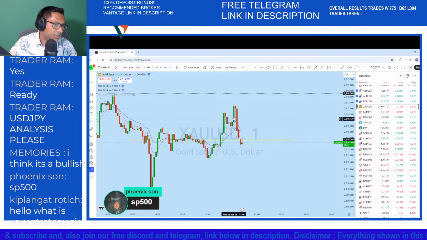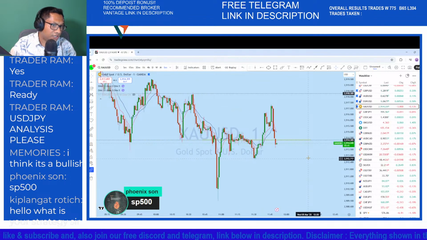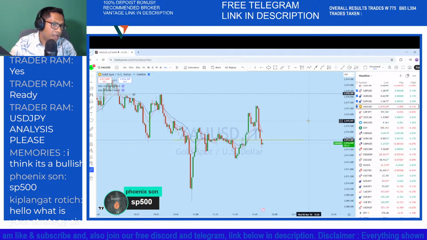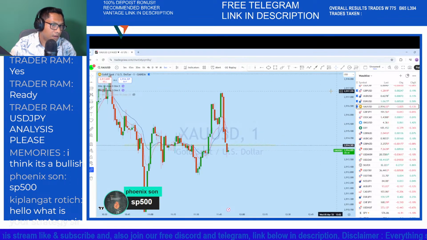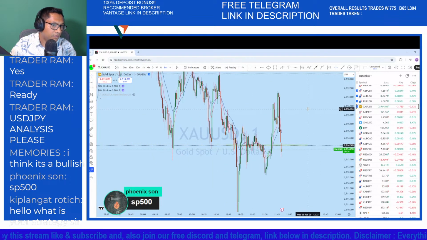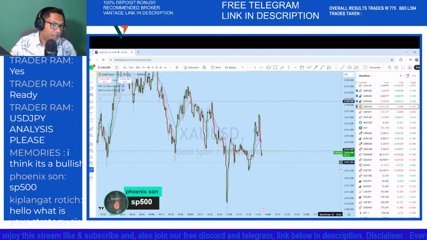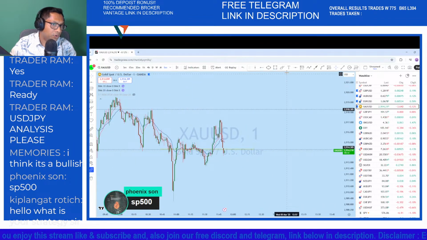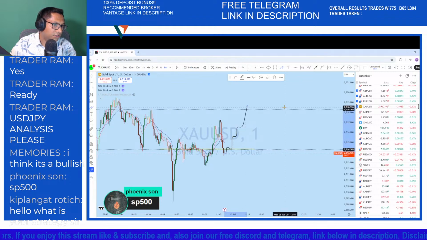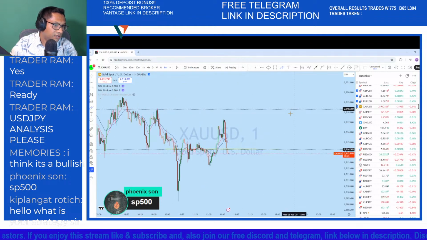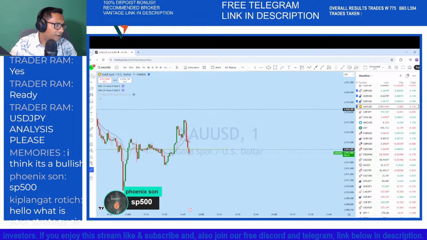So here you can see there is a complete breakup structure, and with this breakup structure, we would like to see the market from this support potentially returning back to the upside again to create a new higher high.